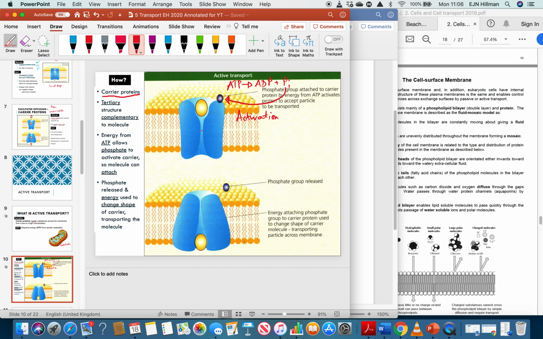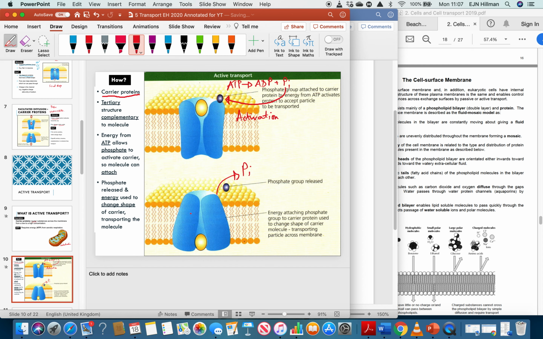When the inorganic phosphate is released, okay, that we can see here, the energy provided by the breaking of that bond allows for the change in the shape of the carrier molecule.